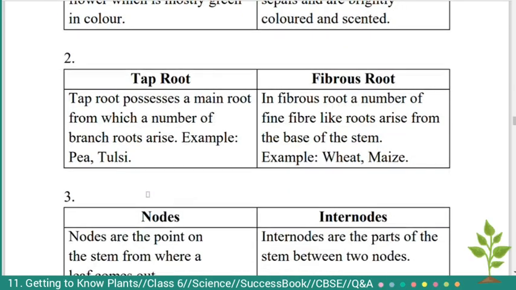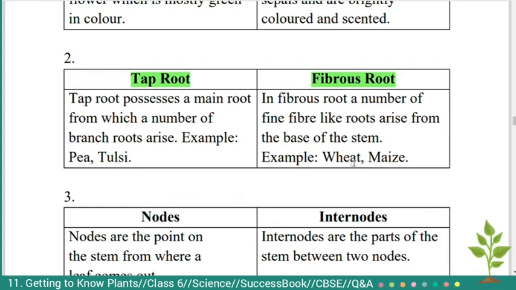Second difference is taproot and fibrous root. What are taproots? Taproot possesses a main root from which a number of branch roots arise. Example, pea and tulsi. Fibrous root: a number of fine fiber-like roots arise from the base of the stem.